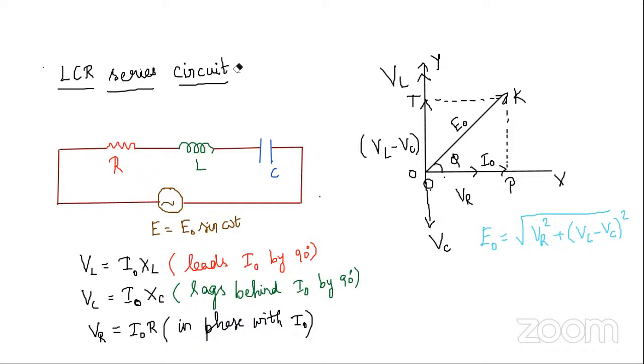So E naught is equal to I naught into square root of R square plus XL minus XC the whole square.